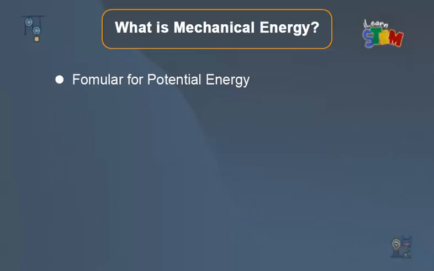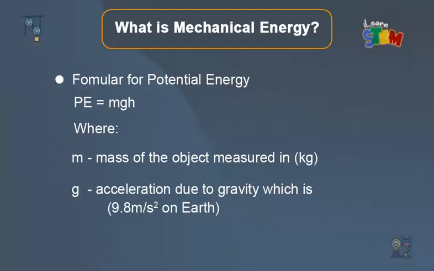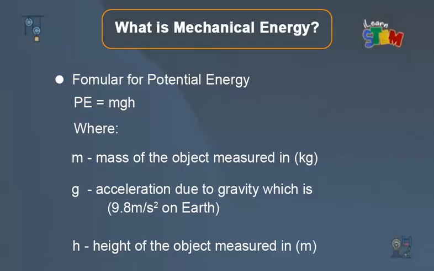While the formula for potential energy is: potential energy equals mgh, where m is the mass of the object measured in kilograms, g is acceleration due to gravity, which is 9.8 meters per second squared on Earth, and h equals the height of the object measured in meters.